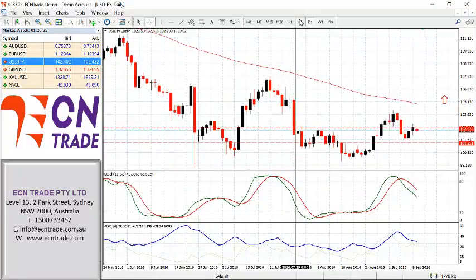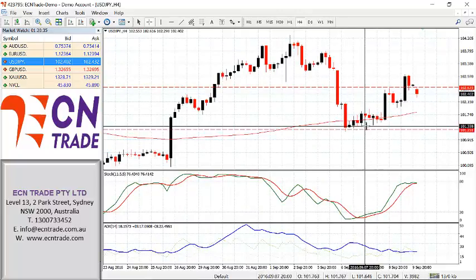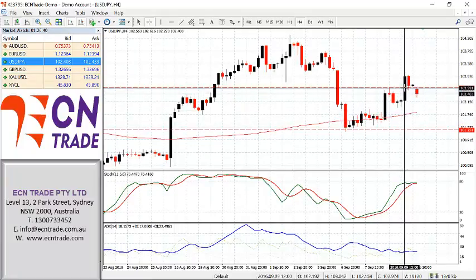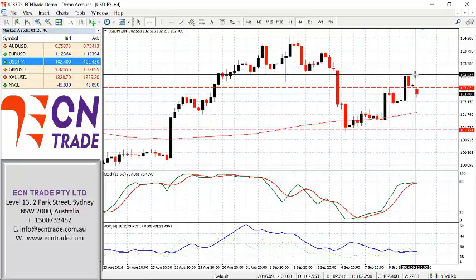Well, dollar yen, if we look at the 4-hour graph, an impressive rebound from that 101.25, with the bulls coming back in, breaks through that level of 102.70 and hits a high around 103.04 to 06.